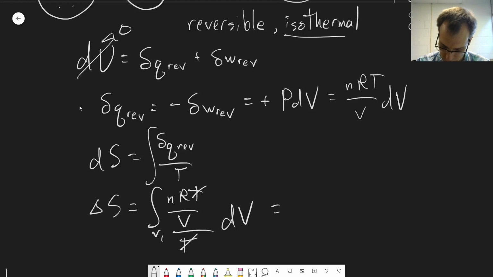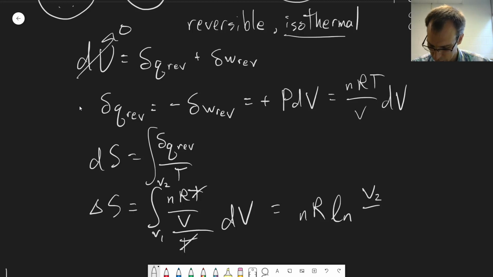We need to go from volume 1 to volume 2, so our gas is expanding from just being on the left-hand side to both. So V2 will be approximately twice V1 if these are equal size. And so ultimately we get nR log V2 over V1. We've already done that calculation before, so this should look familiar. And this is delta S for the system.